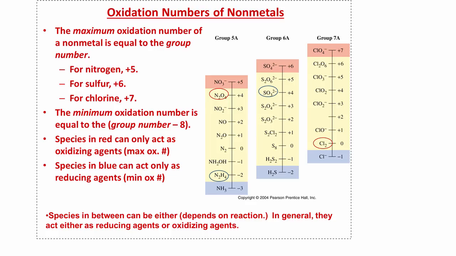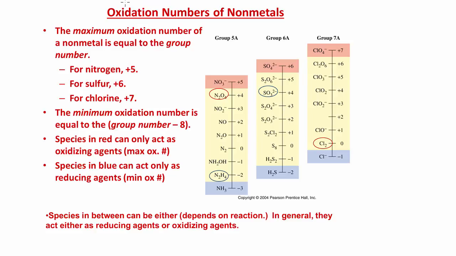So you can see here, I have this chart for group 5, 6, and 7A nonmetals. And you can see here that, for example, nitrogen, depending on the compound it's in, can have many different oxidation numbers, anywhere from a -3 up to a +5.